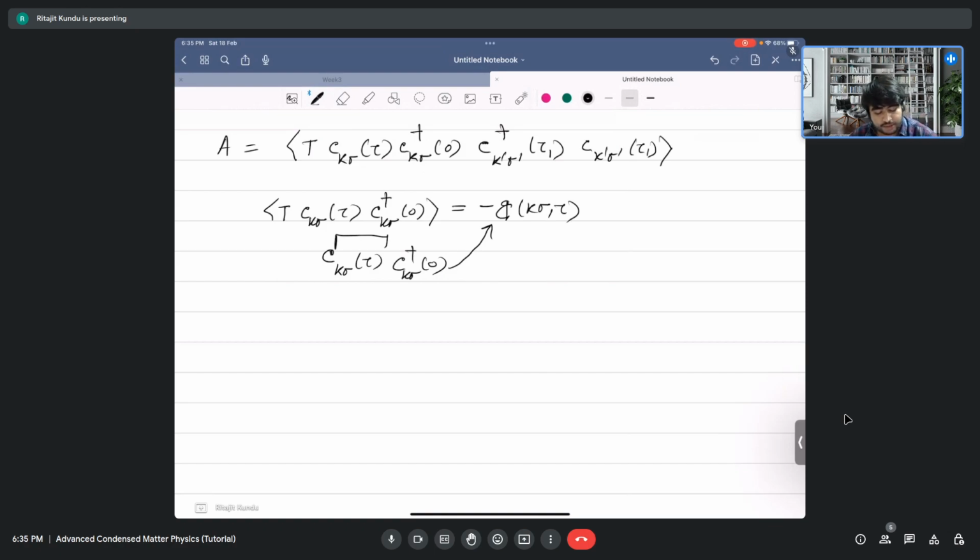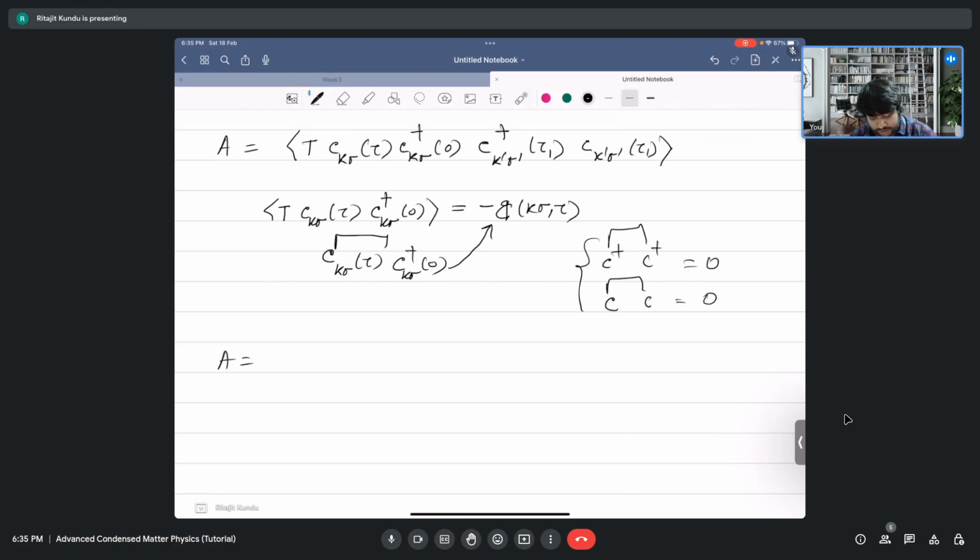If we contract two daggers, the contraction is 0, and if we contract two undaggers, this is also 0. These are the three main rules that we will follow, and we will write all possible contractions that you can have. Now let's try to do that.